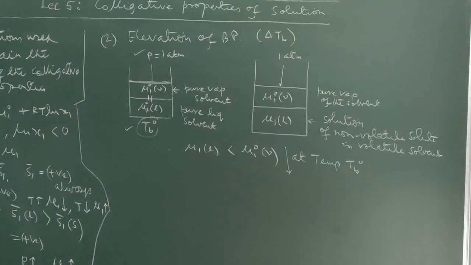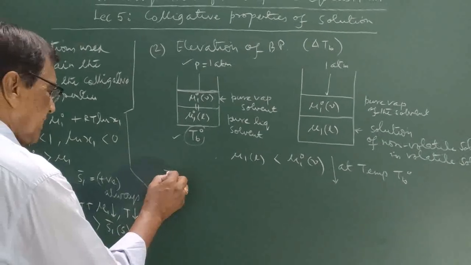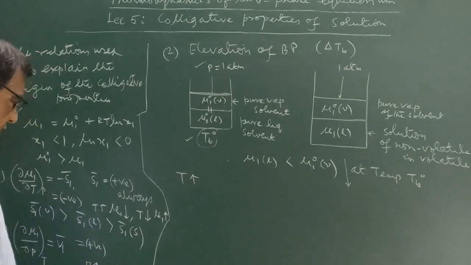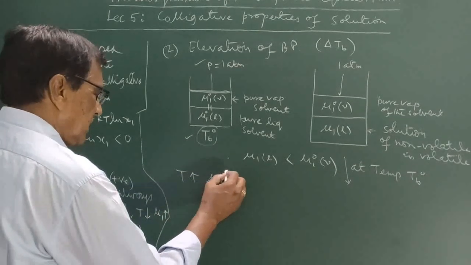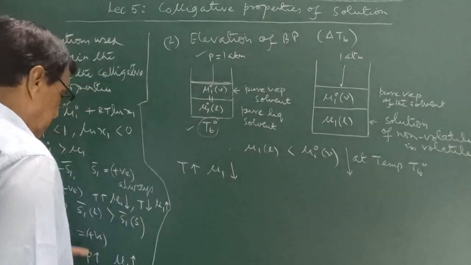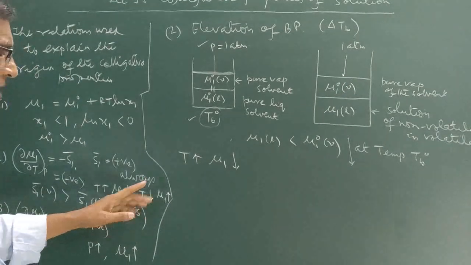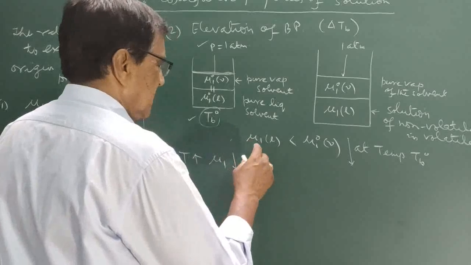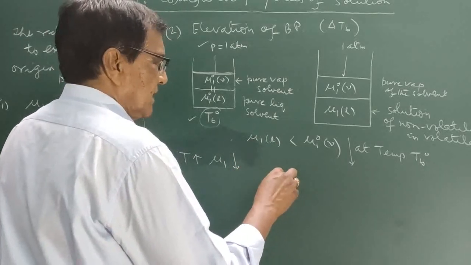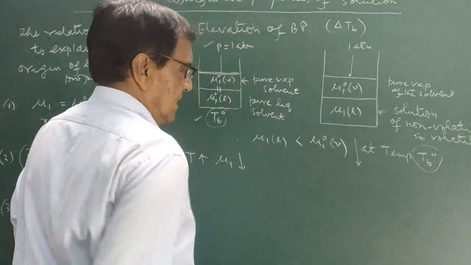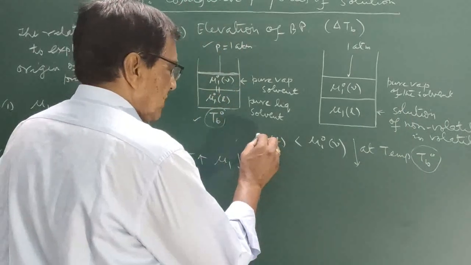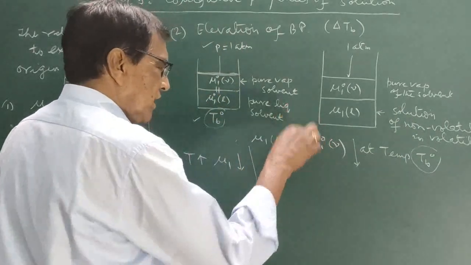So in this case, we have seen that if the temperature is increased, then mu1 is decreased. Naturally, if we increase the temperature greater than TB naught, then both this one and this one will decrease.